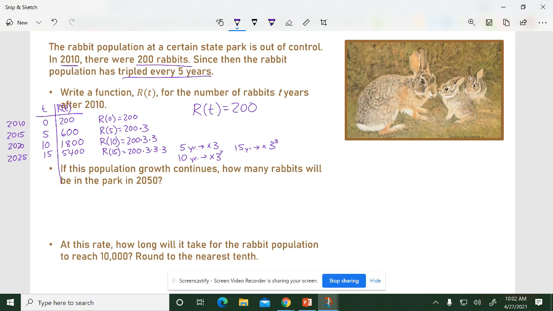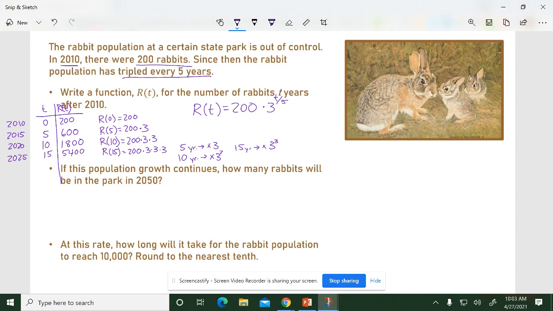So the idea here is we're taking 200, we're multiplying it by 3 a certain number of times, and the number of 3s we multiply by is the number of years, T, divided by 5. So if we wanted to know the number of rabbits in this state park after 25 years, we would plug 25 in for T, take 25 divided by 5, which would be 5, and we'd have 200 times 3 to the 5th.